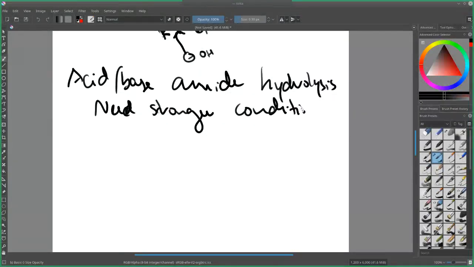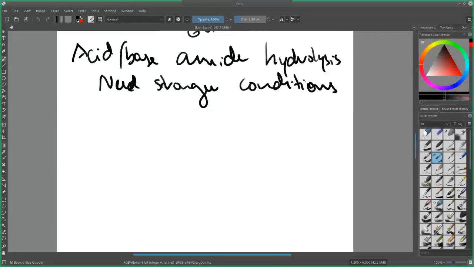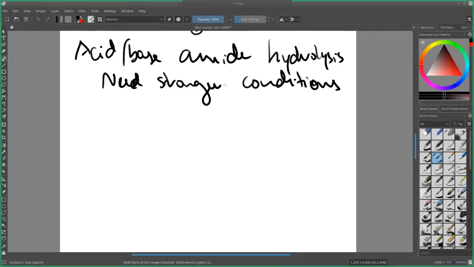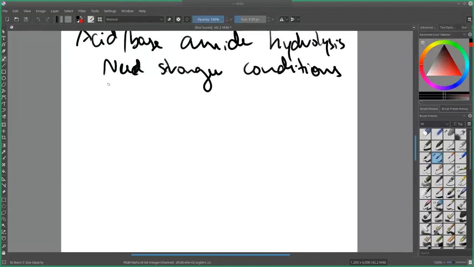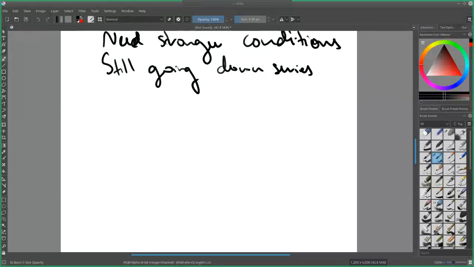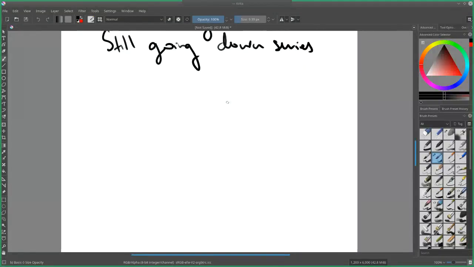But this is totally something that's possible, right? So if you treat your amide with a lot of acid or a lot of base, then you can go from amide to acid. Again, you're still going down the reactivity series. So this is definitely still doable and possible, right?